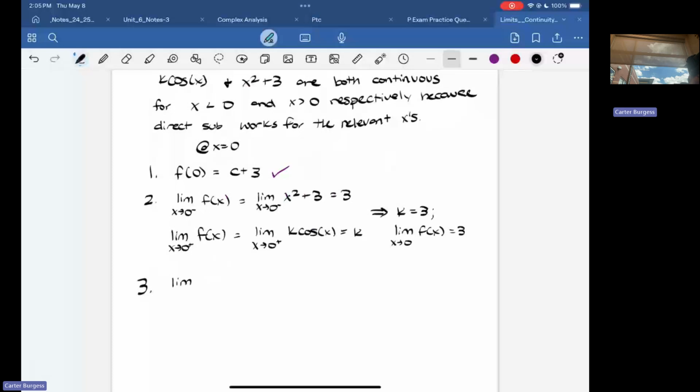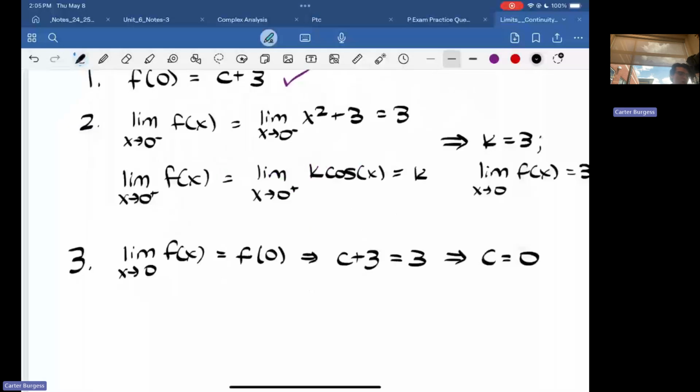So the limit as x approaches 0 of f of x must be equal to f of 0, which means that c plus 3 should be equal to 3, which means that c is equal to 0. Did you get c equals 0? Then you're probably fine. The order of equality doesn't really matter.